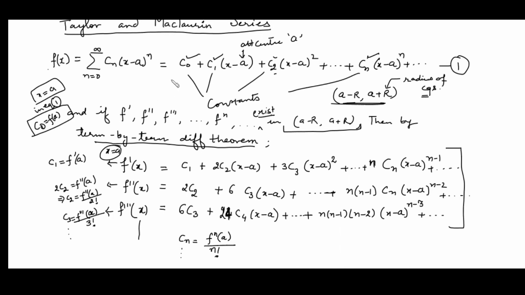So now just see, when you put c0, you will have f at a, f dash at a, f double dash at a by 2 factorial, and the nth derivative of the function at a by n factorial. So what is the Taylor series?